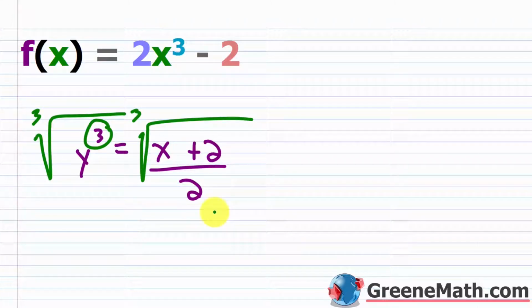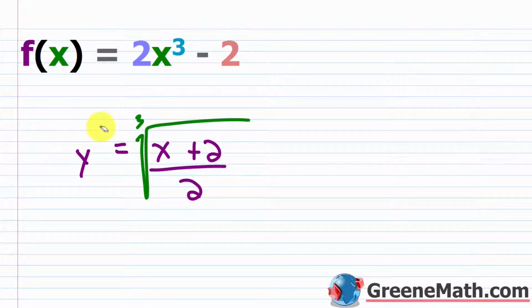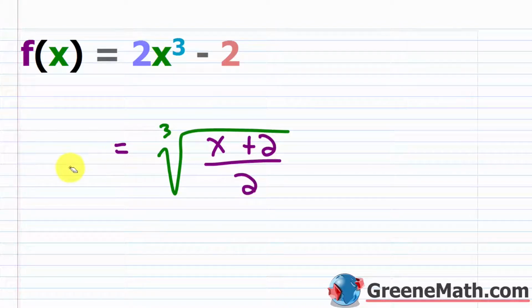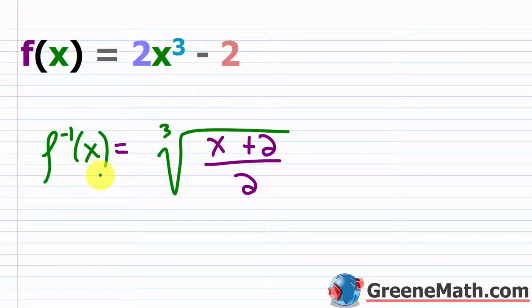And I didn't make that long enough, so let me redo that. So what's going to happen is this will cancel, and I can make this a lot better. So let me slide this down so we have some room. And I'll do that properly. So y is equal to the cube root of (x plus 2) over 2. And really, you just change this at this point. Say this is f inverse of x, and you're done. You found your inverse. So these guys are inverses.